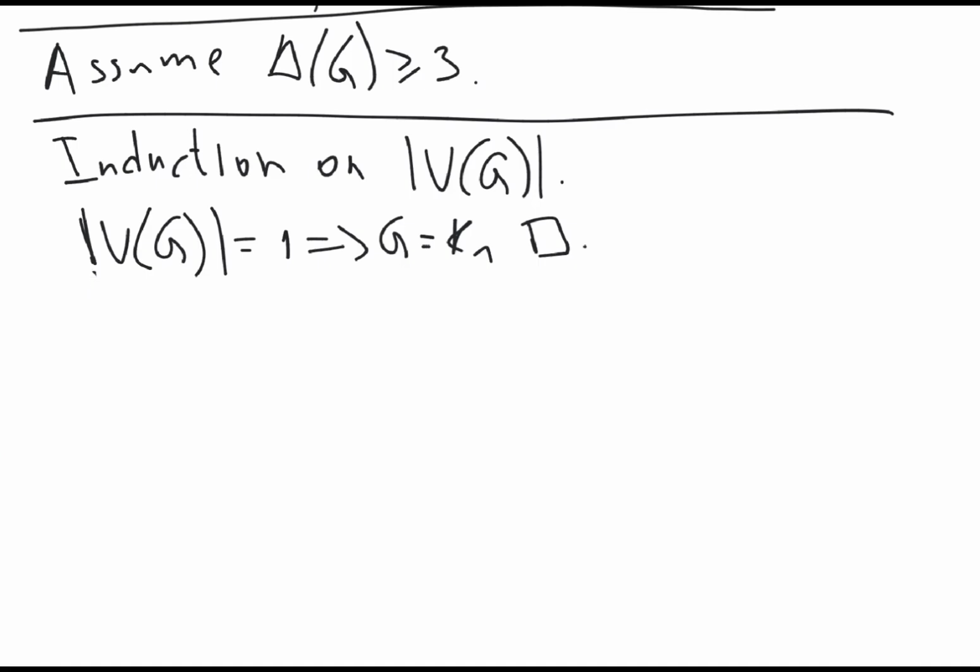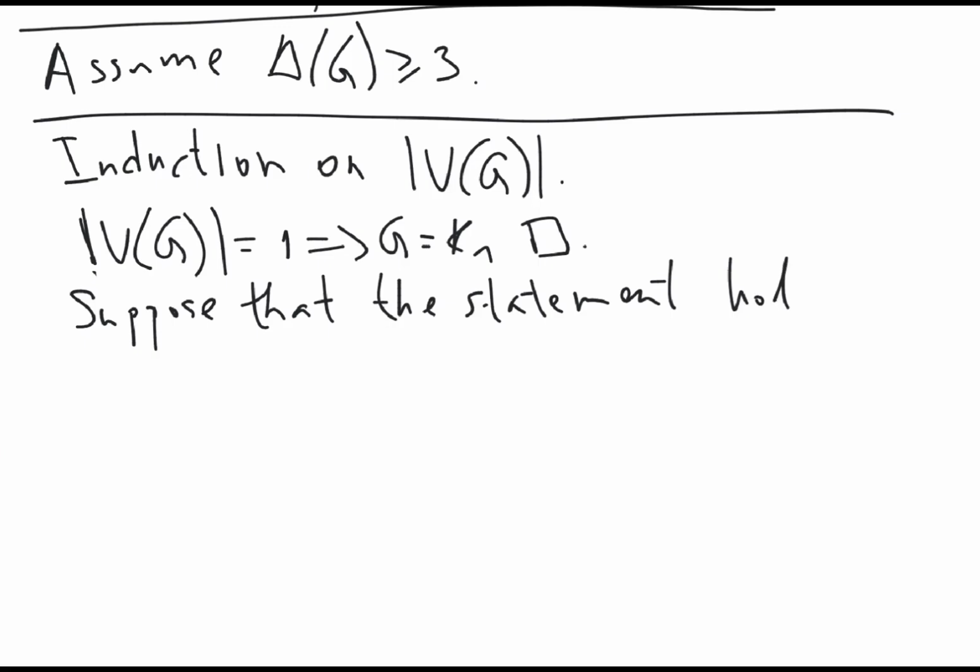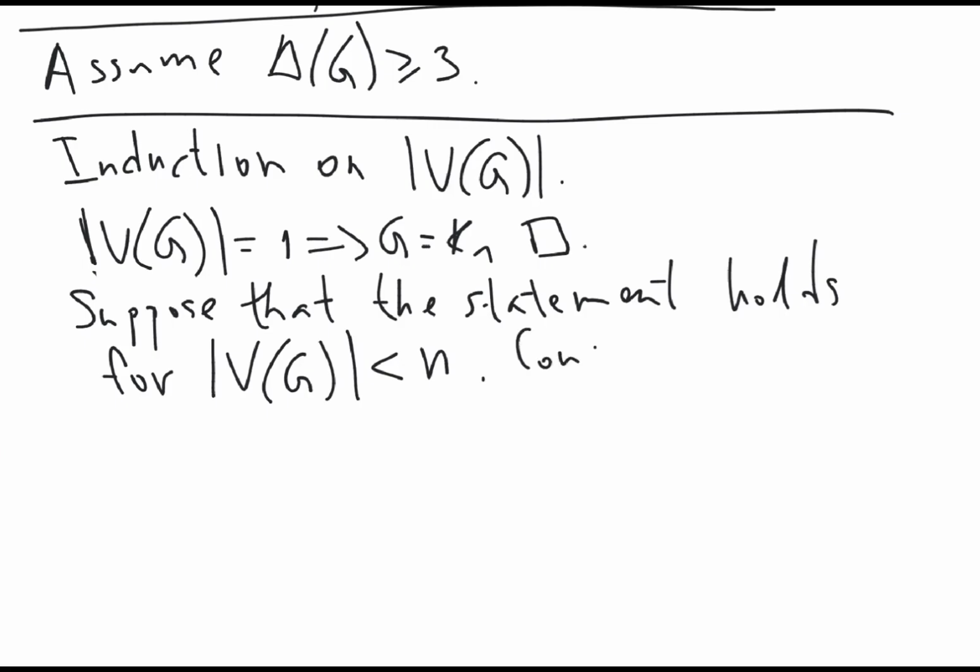So then the inductive step. Suppose that the statement holds for the number of vertices strictly less than n, and consider a graph with exactly n vertices.